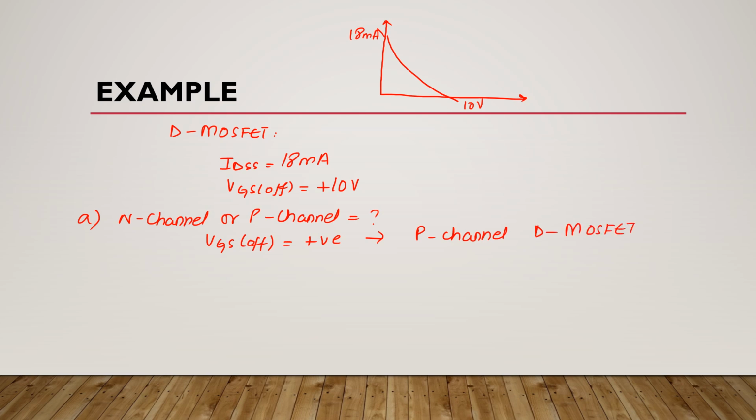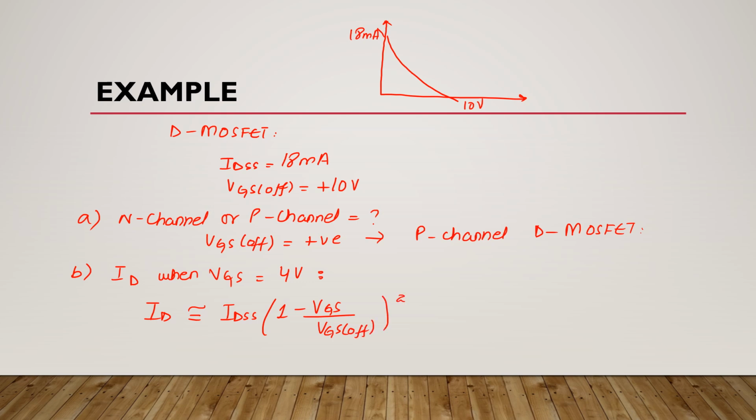Now if you want to find the value of drain current when gate to source voltage is 4 volts, what would you do? You will use this equation: ID approximately equal to IDSS times 1 minus gate to source voltage divided by cutoff voltage, whole square.